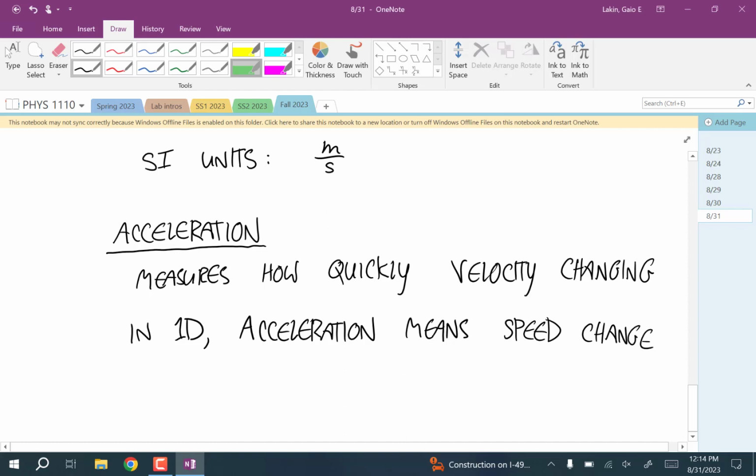In everyday speech, we tend to use the word acceleration to mean speeding up, and deceleration to mean slowing down. We're not going to use that here. Acceleration is only going to be defined by its sign, and everything is an acceleration, whether it's speeding up or slowing down. Okay?